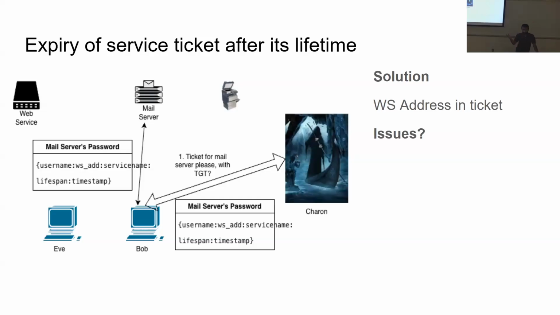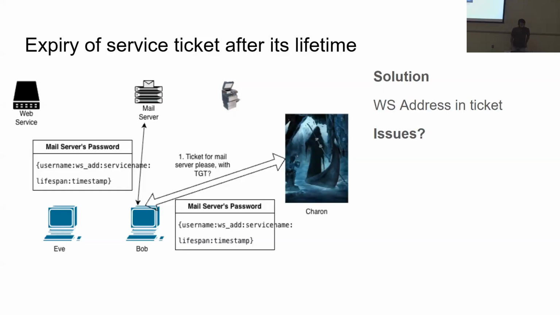But we actually did not solve the core issue yet, right? Because what if someone steals the ticket before it has expired? These tickets usually have a lifetime of maybe a few hours, and a few hours is long enough for someone to steal the ticket, right?